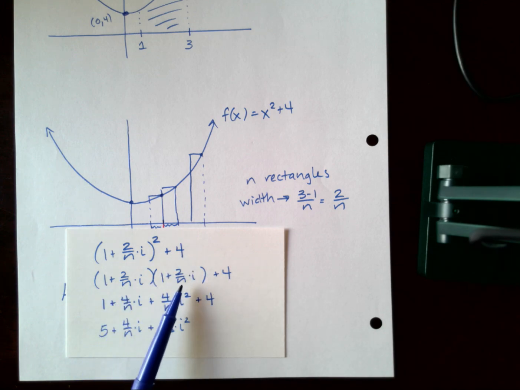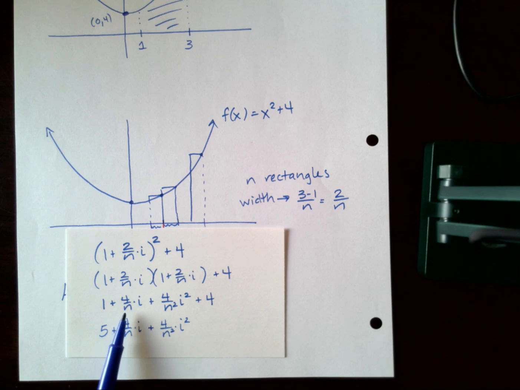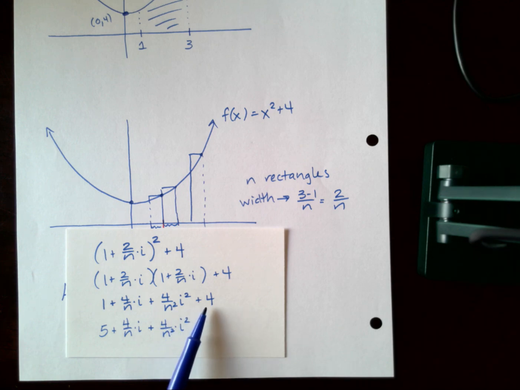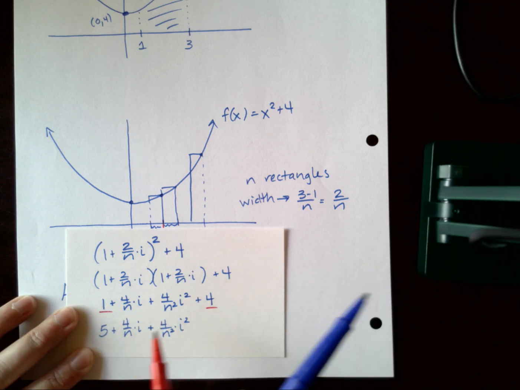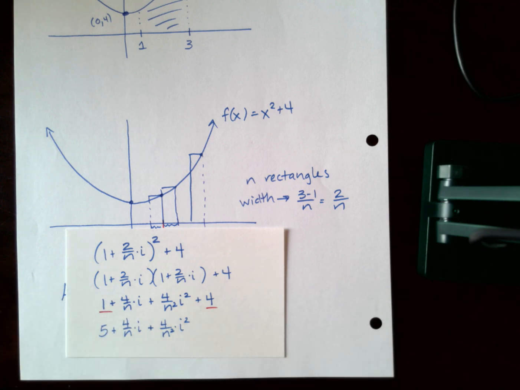You'll come through and do all of the distribution and all of the cleanup, just like you would for something like x plus 7 squared. And when you do that, I think you'll get 1 plus 4 over n times I plus 4 over n squared times I squared plus another 4. And then a little bit of cleanup with the like terms. The 1 and the 4 can combine to give you 5. And we'd be at 5 plus 4 over n times I plus 4 over n squared times I squared.